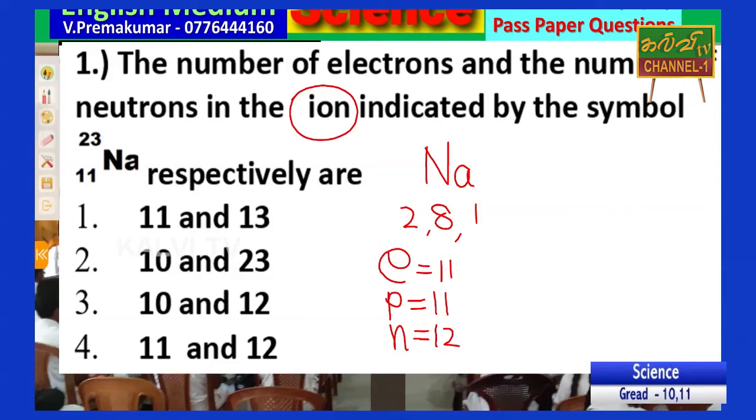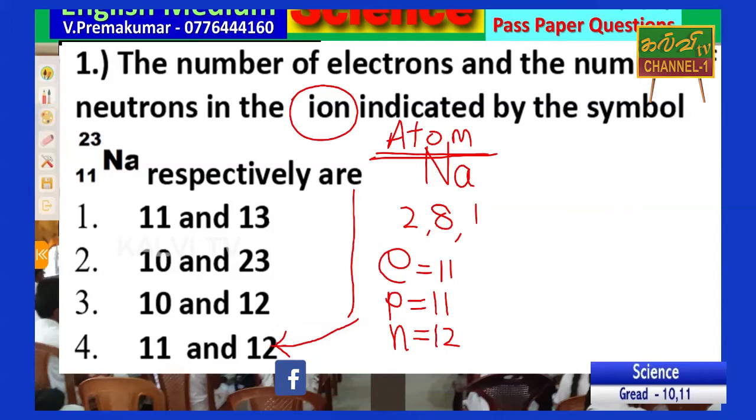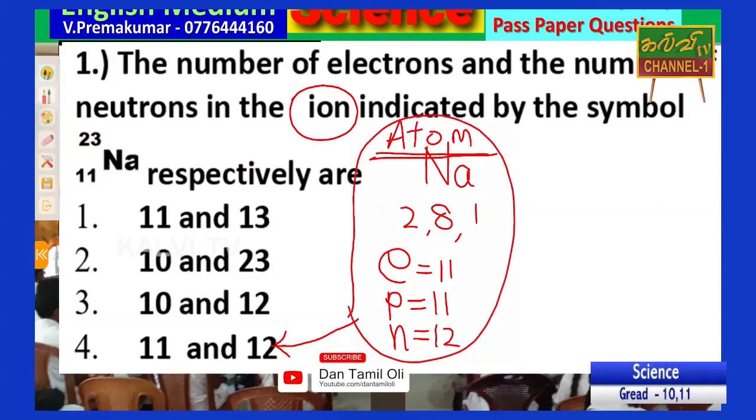So here the answer is there, if you consider the atom. But they are asking about the ion.